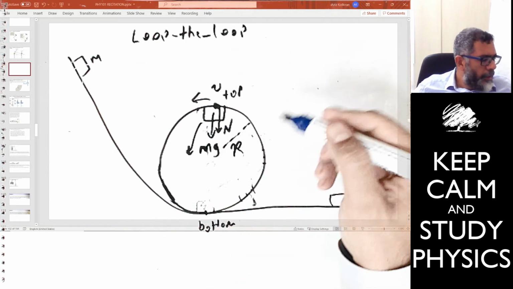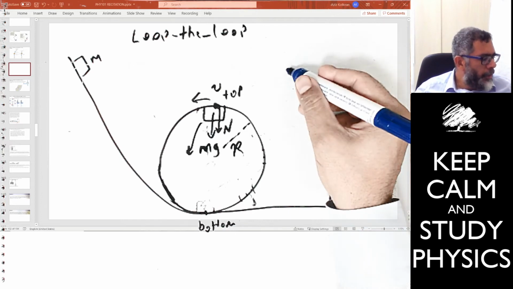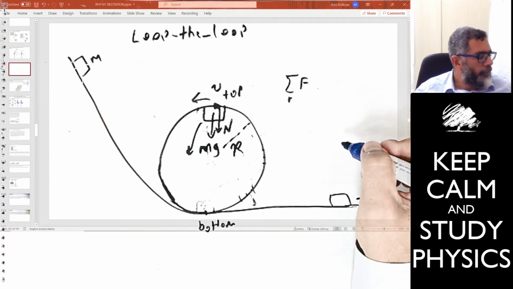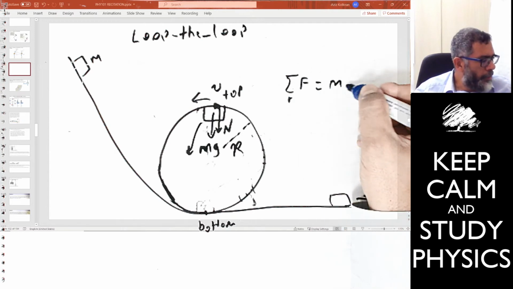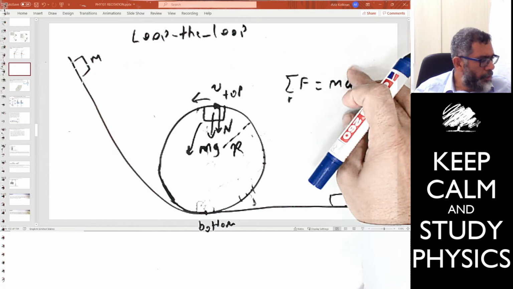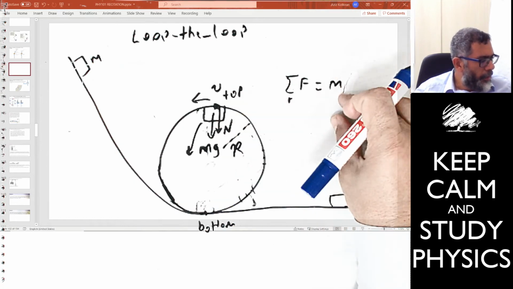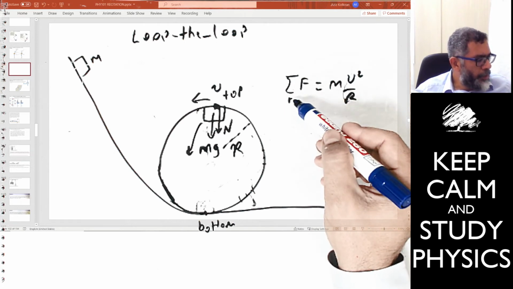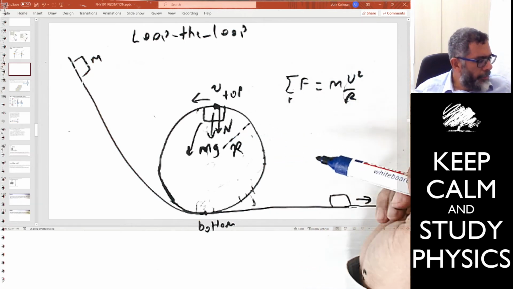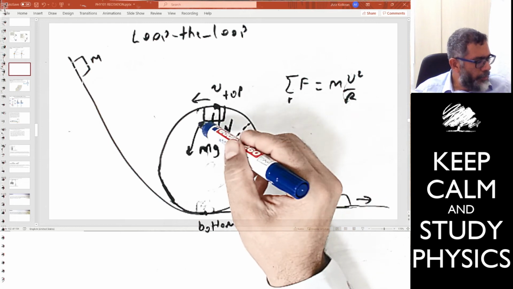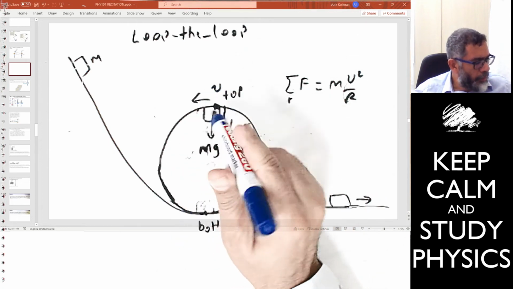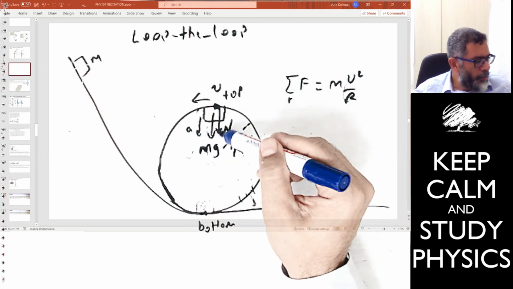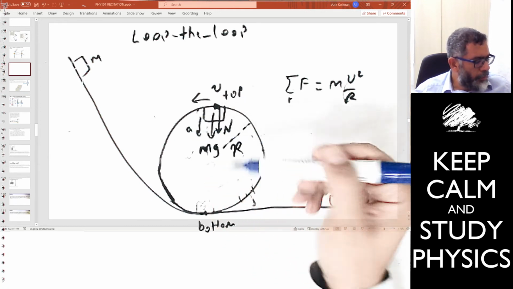All right, let's get to the point. Right at this point, the net force acting on the object must be equal to m times a, but since this is circular motion, a at the top is v squared over r. The direction of the acceleration is also downward, and you can take all these downward directions as positive.